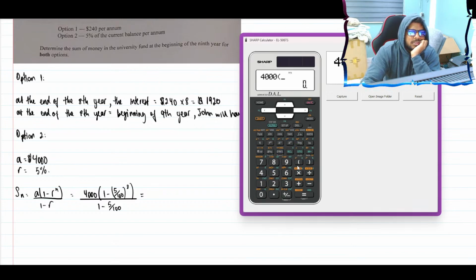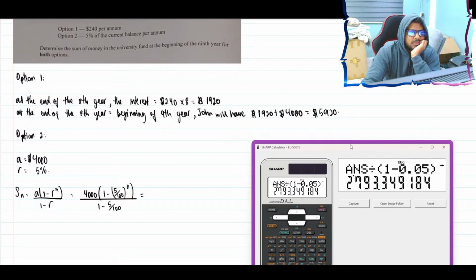4,000 into 1 minus 5 over 100, that is 1.05, to the power 8 divided by 1 minus 0.05.